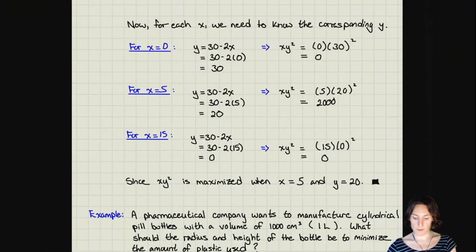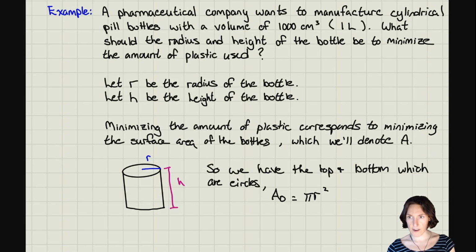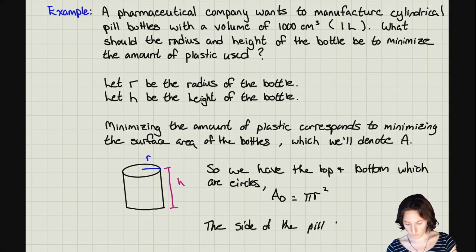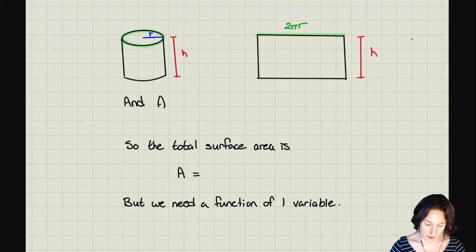Okay, so let me flip back for a second. Okay, so we have the two circles, we need their area, and the side of the pill bottle, if you cut it, it's a rectangle. So the side of the pill bottle is a rectangle. Okay, so for that area, we know that the area of a rectangle is just equal to length times width.